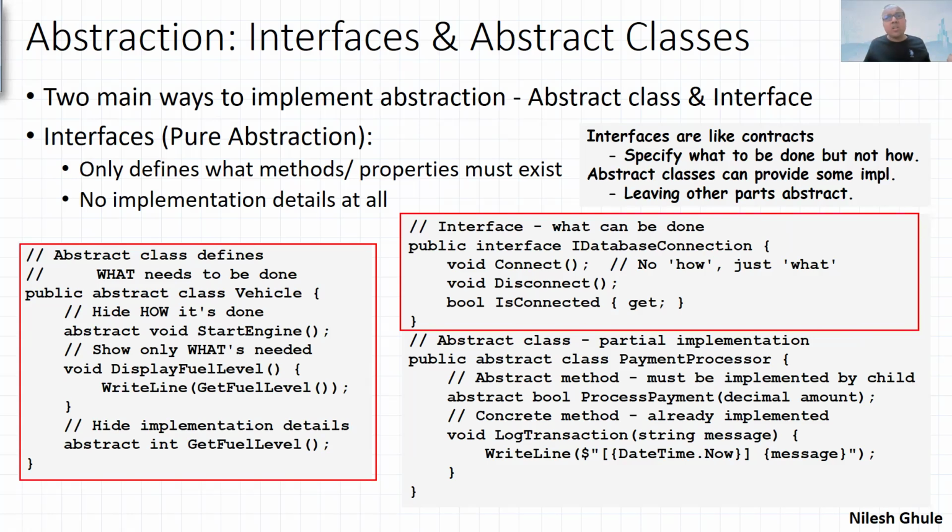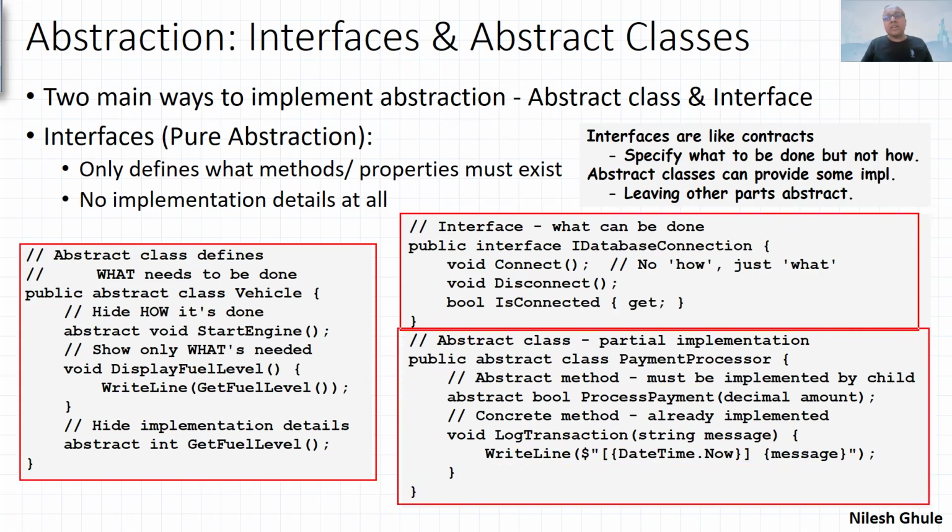He will not really bother about how exactly you are connecting to the database or disconnecting from the database. There is another example of an abstract class that you can watch over here. So these are the examples given in C#. You can definitely write similar examples in Java, C++, or other languages as per your choice.